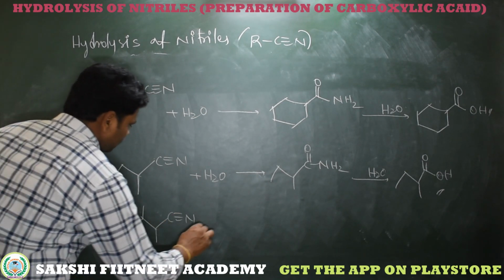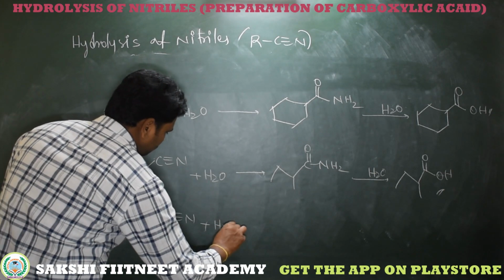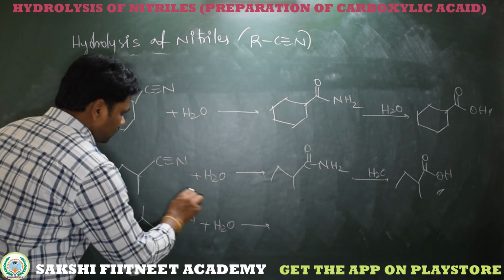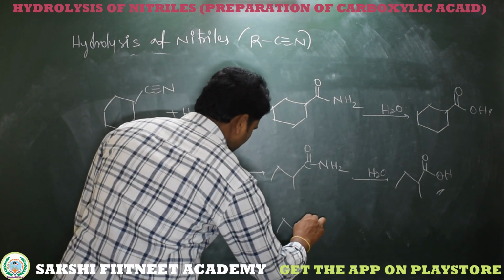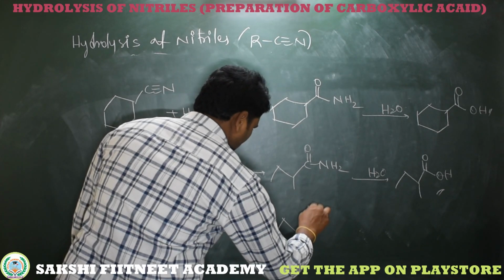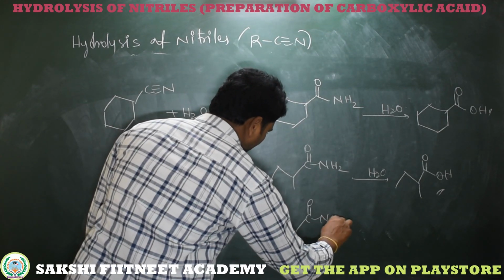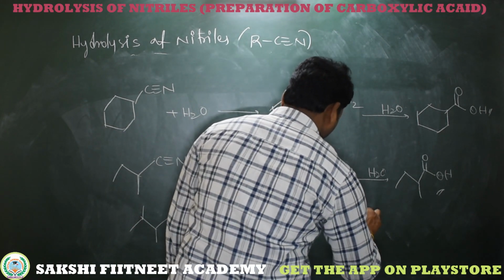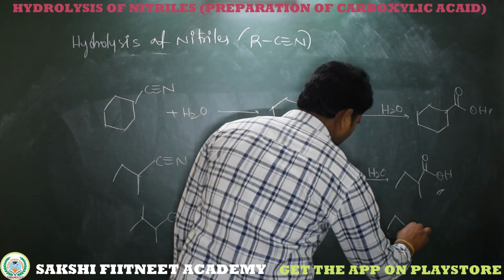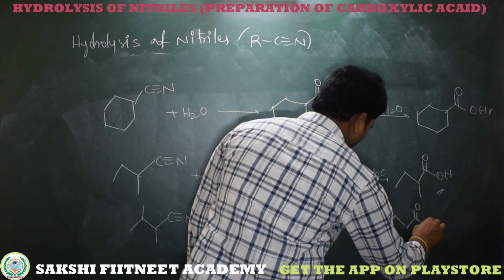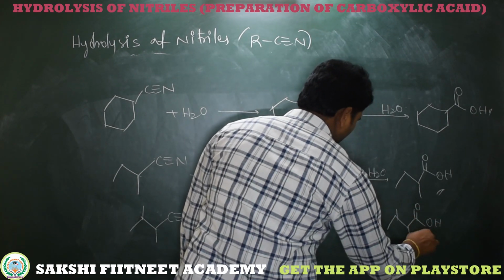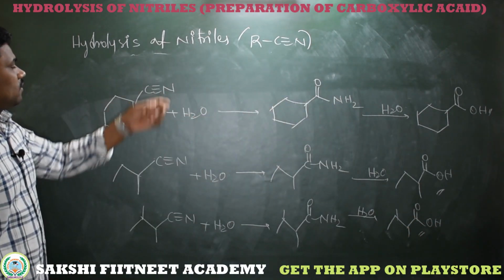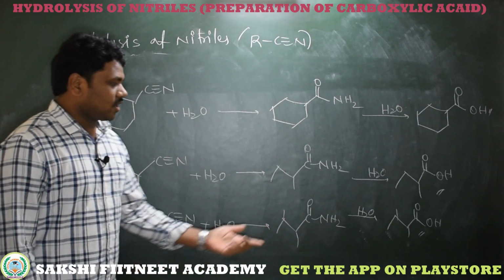So here this is another example. This part converts into amide. This amide gets converted into carboxylic acid. So this is the hydrolysis of nitrile, giving amide and carboxylic acid.